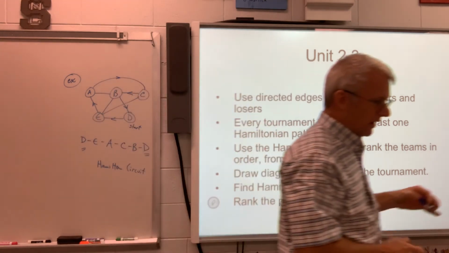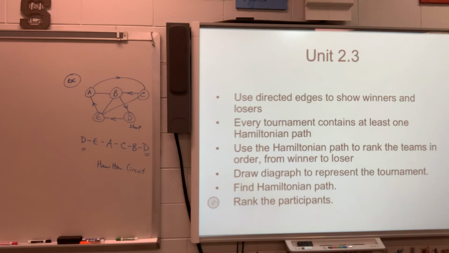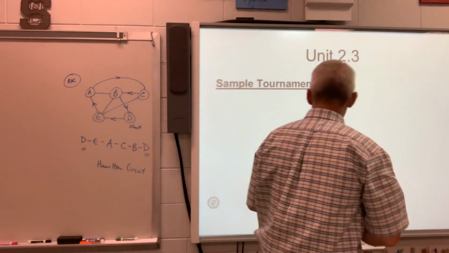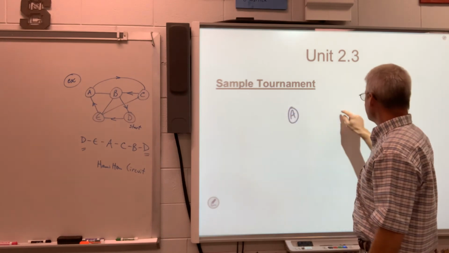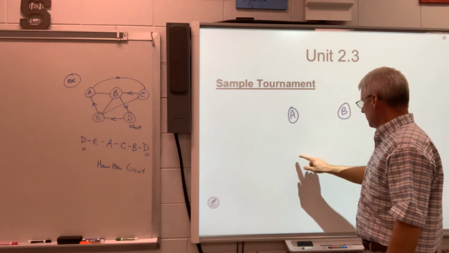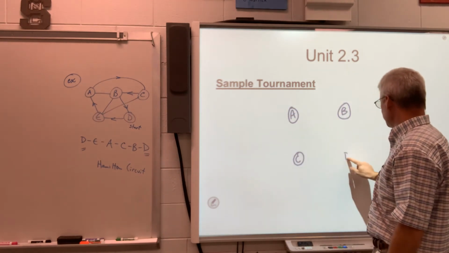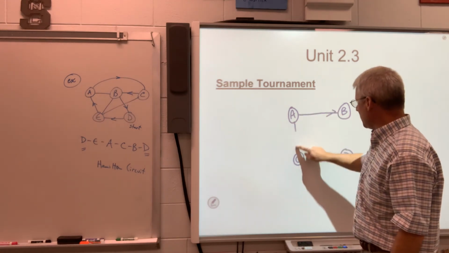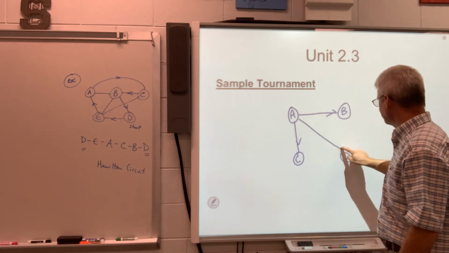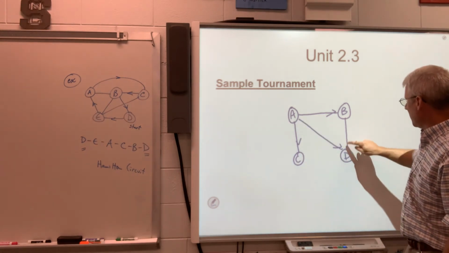All right. So what is a sample tournament? Let me draw this. If I have A, B, C, and D, we'll just do something real quick. Let's say that A beats everybody.